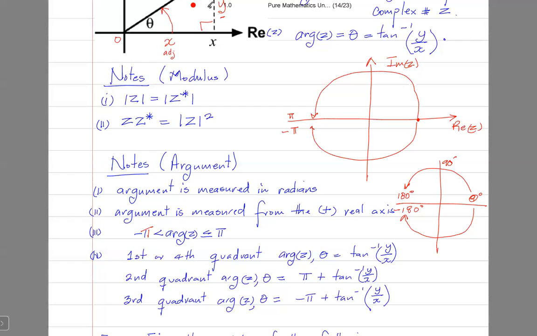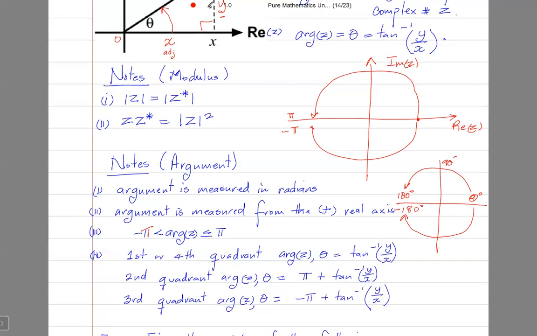In the third quadrant, the argument is equal to minus pi plus tan inverse y over x. Now, you see, guys, that is not something so much to remember as it is to understand. All right, so let us try and see why.